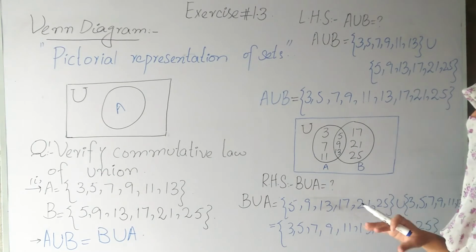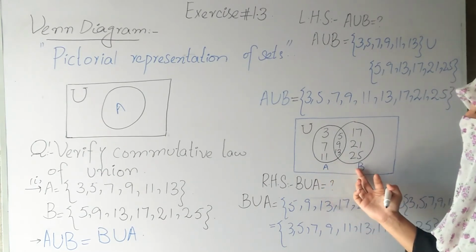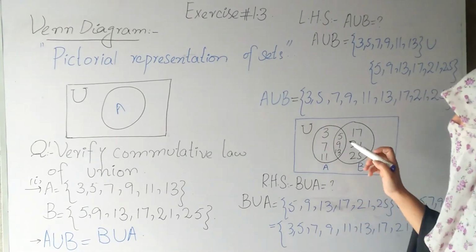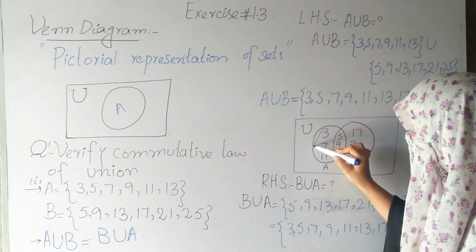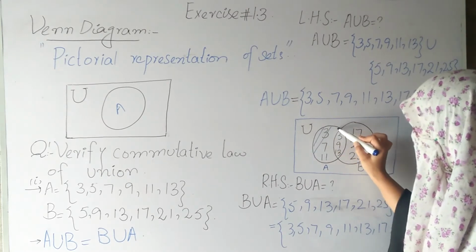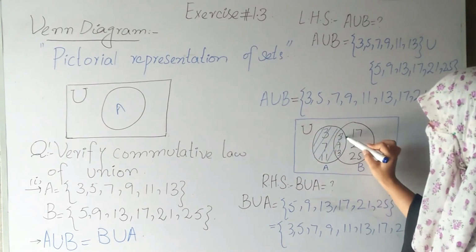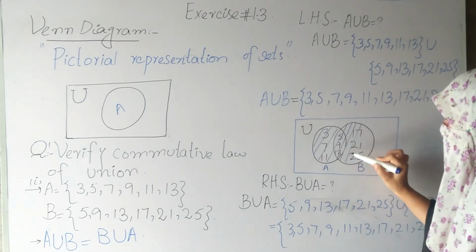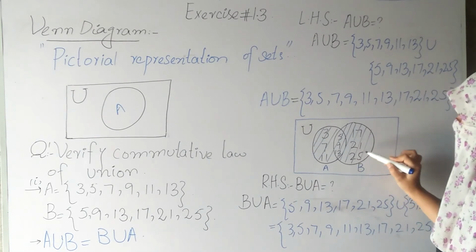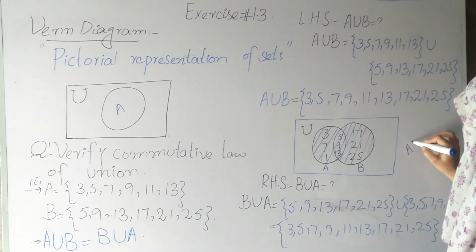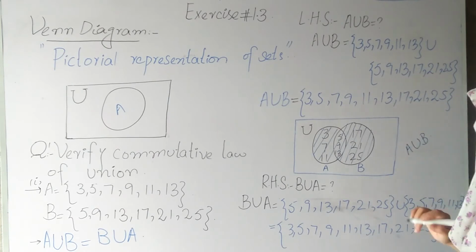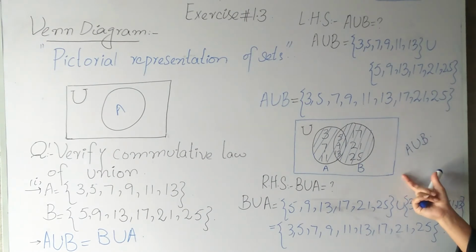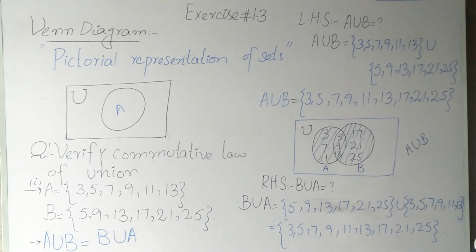Means each element of set A and set B will be contained in A union B. That's why we highlight both sets, means every element is contained in A union B, and this will be the A union B Venn diagram. So this is the Venn diagram of A union B.